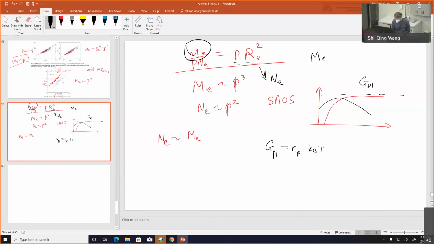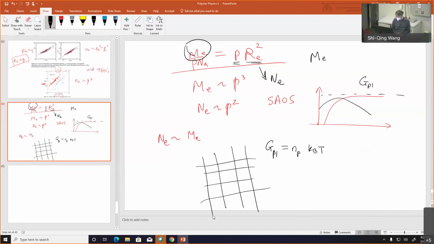Well, until you think a little further, what my language may need to be revised. Remember, modulus is a measure of stiffness. And you learn from rubber elasticity, the stiffness depends on how densely cross-linked you are. So we are talking about ME again.